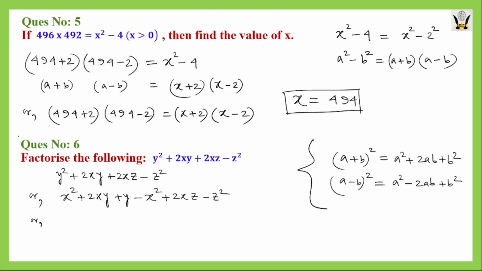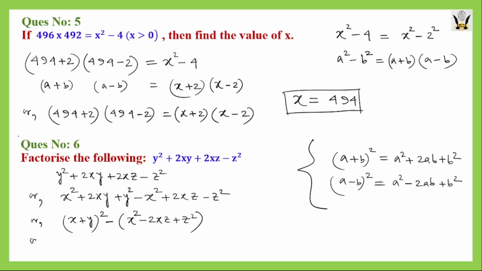So the first three terms can be written as x plus y whole square. From the rest three terms, if we take minus 1 common, they look like x square minus 2xz plus z square, and again it resembles the second identity, a square minus 2ab plus b square.